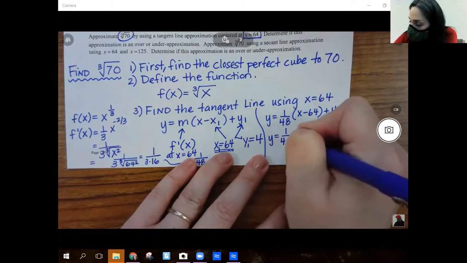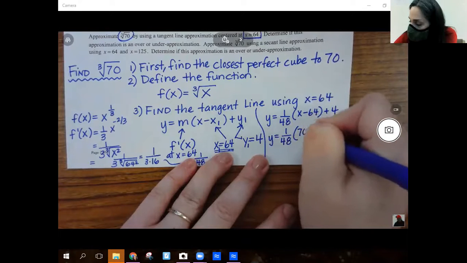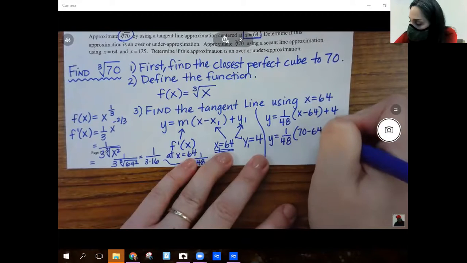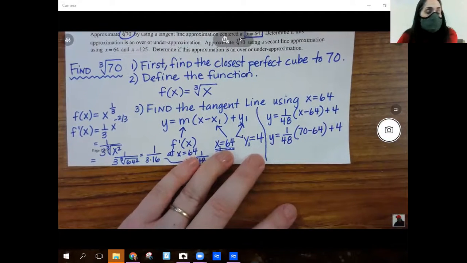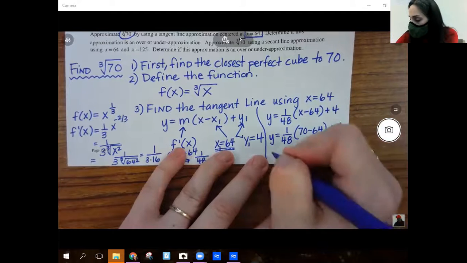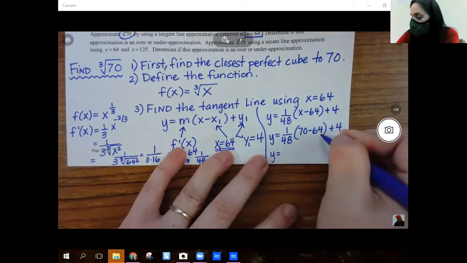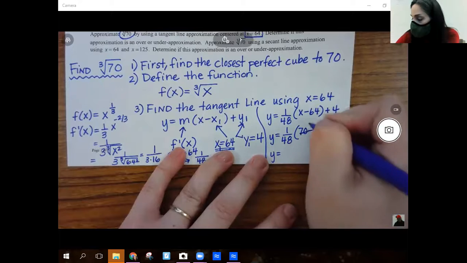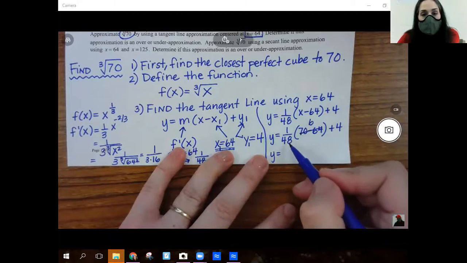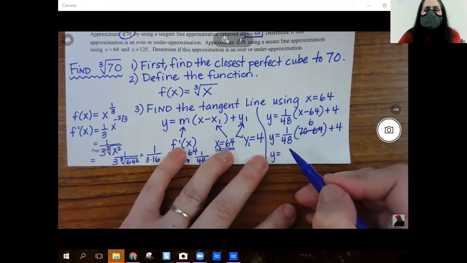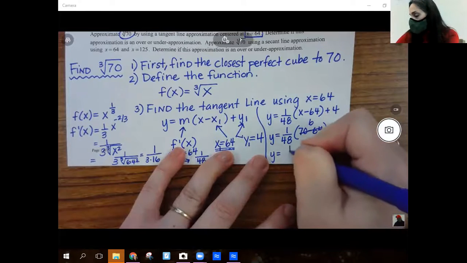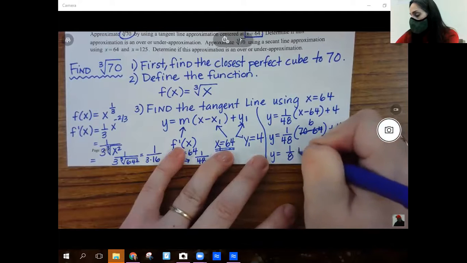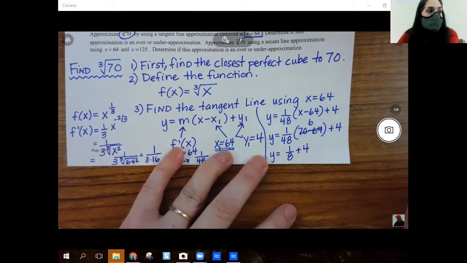So y equals 1 over 48, 70 minus 64 plus 4. And you should be able to do this in your head. So this is gonna be 6, right? 6 over 48. What is 6 over 48 in lowest terms? 1/8 plus 4.